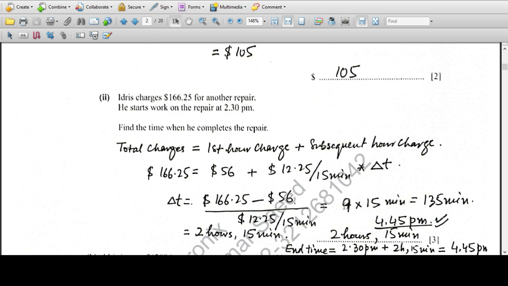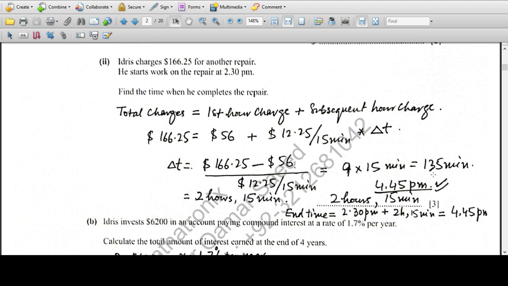With simplification we have 9 intervals of 15 minutes, so that is 135 minutes. 135 minutes is basically 2 hours and 15 minutes, since 120 minutes is 2 hours and the remaining is 15 minutes.